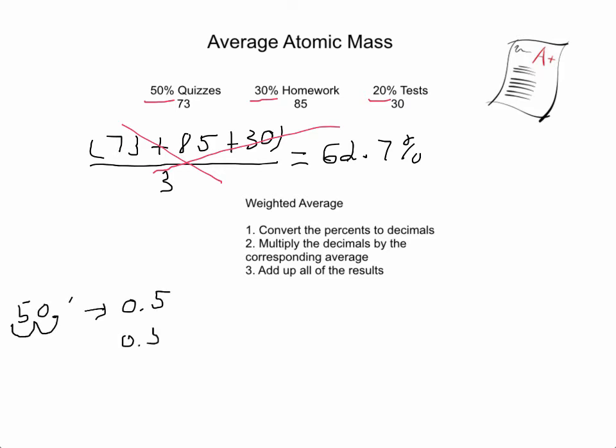And we get 0.2. Now, step number 2 is we multiply the decimals by the corresponding averages. So we have 0.5 times 73, and we do that, we're going to get 36.5.